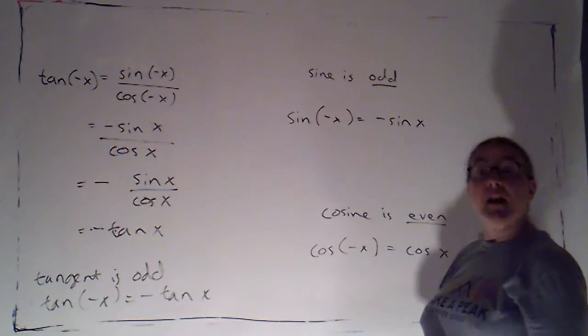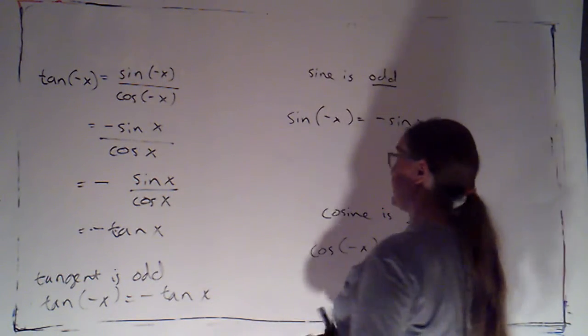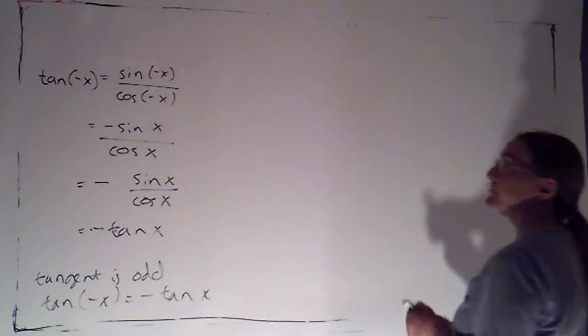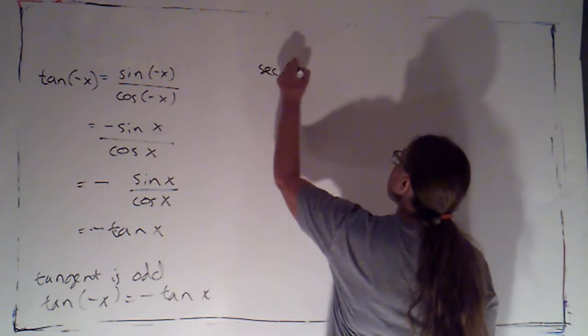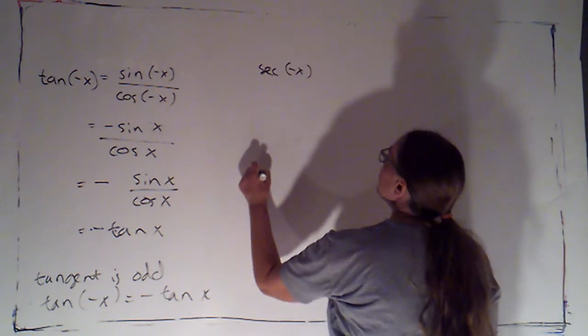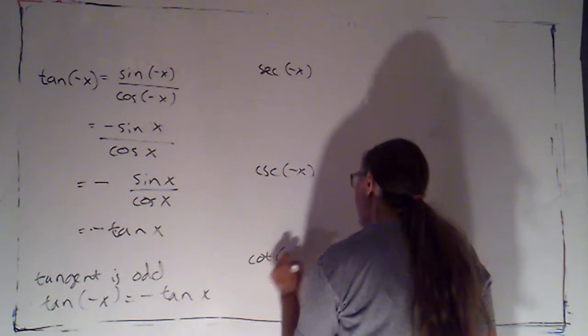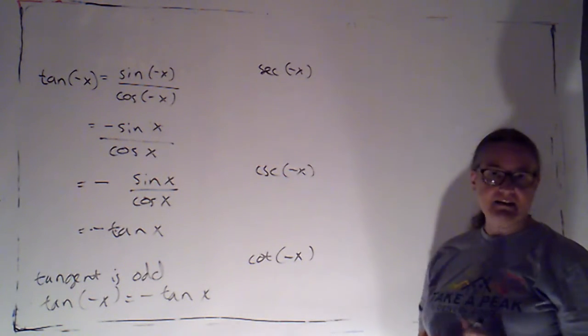Okay, what I would like you to do is classify the remaining 3 trig functions, the 3 that are defined in terms of reciprocals. So I want you to take a look at secant of negative x and cosecant of negative x and cotangent of, I should probably be saying the opposite of x.